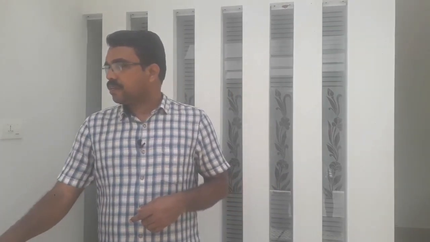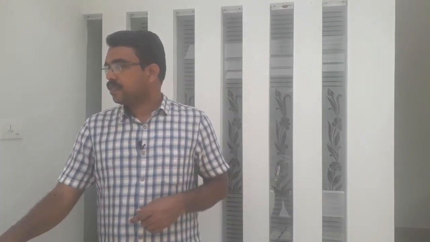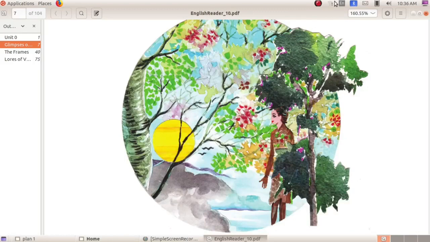And look at the textbook. Just above the name of the unit, you can see a picture from the text. Read the picture. Of course, it is from nature, I think. It is not such a beautiful picture, but we get an idea that it is a piece from nature.